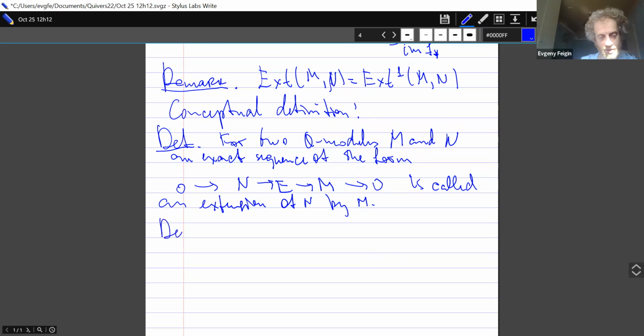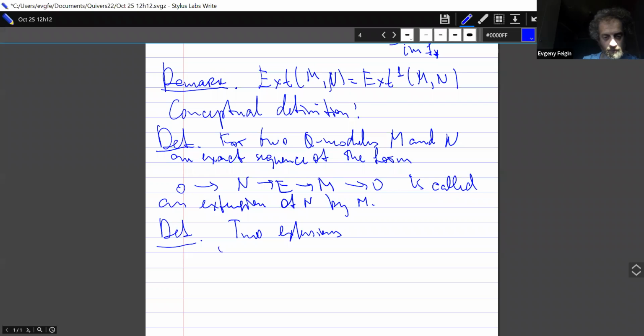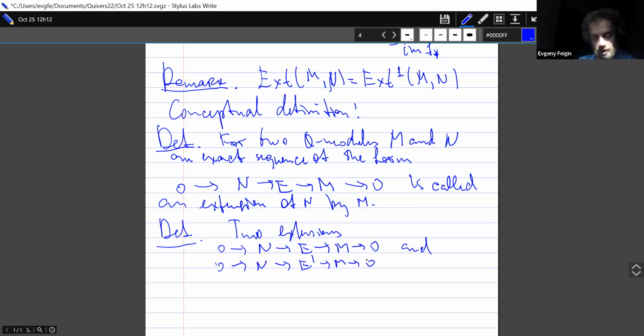Let me give one more definition. Two extensions 0 to N to E to M to 0 and 0 to N to E prime to M to 0. Please note that N and M are the same, and the middle terms are in principle different.